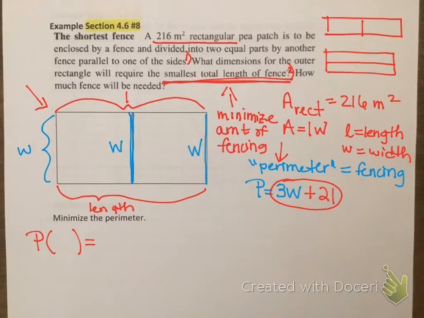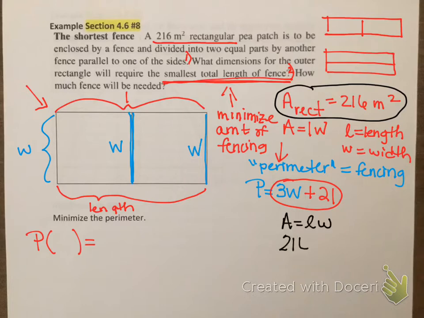So let's go back here for a minute. You guys comfortable that the area was 216 square meters? And if area is length times width, 216 would be equal to length times width. All right. I can solve for one of these 2 variables in terms of another one.